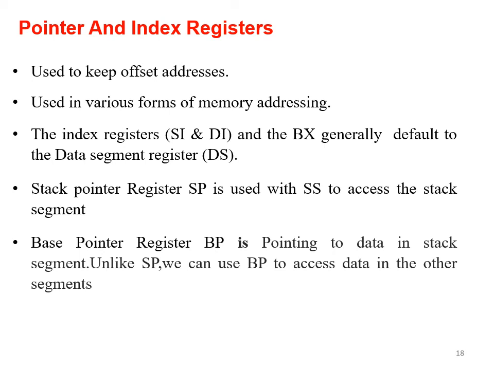The base pointer register, termed BP, points to data in the data segment. So unlike the stack pointer, we can use the base pointer to access data in other segments as well. That's one of the differences between the stack pointer register and the base pointer register.